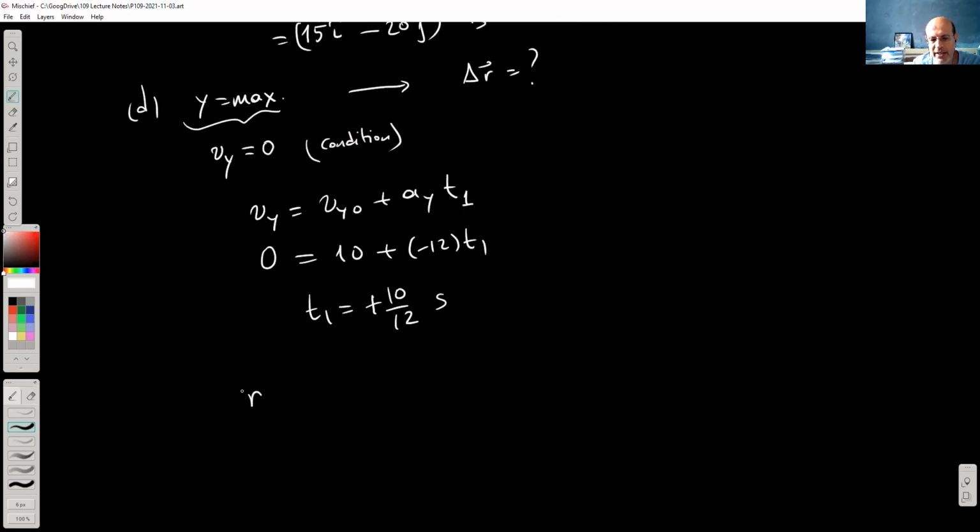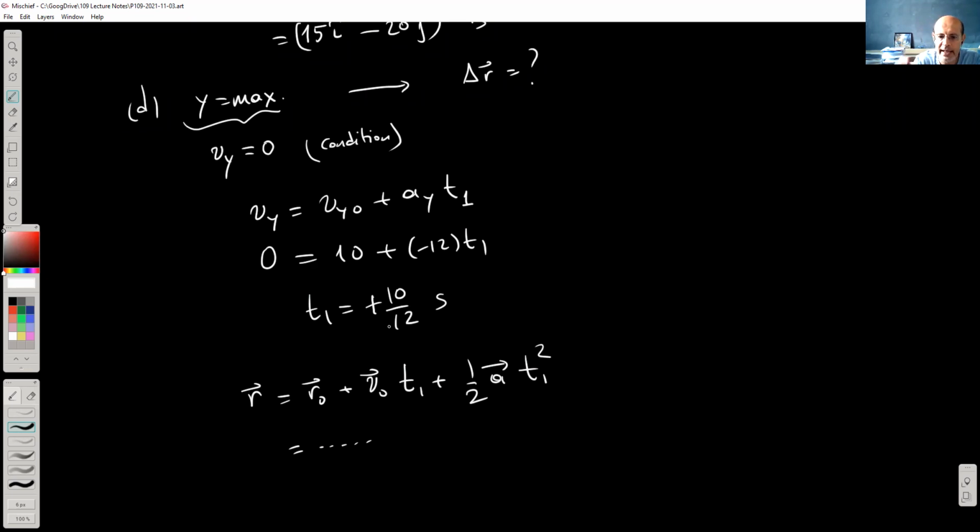Then we find the final position by using this formula. I'm going to check if I have already computed this. No, I didn't compute this. So it's just a straightforward calculation, but with a strange number, obviously.